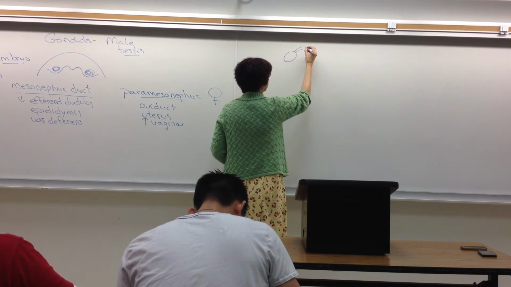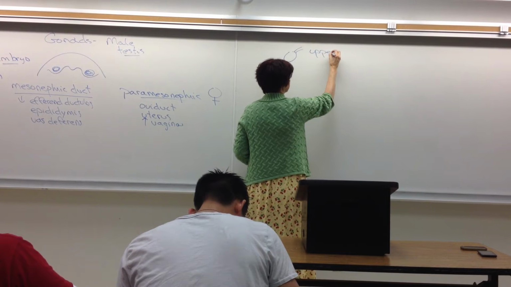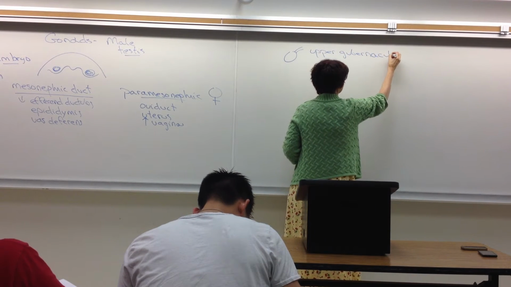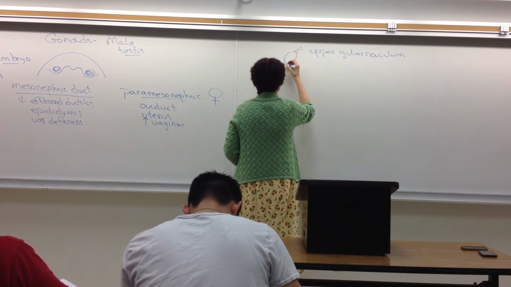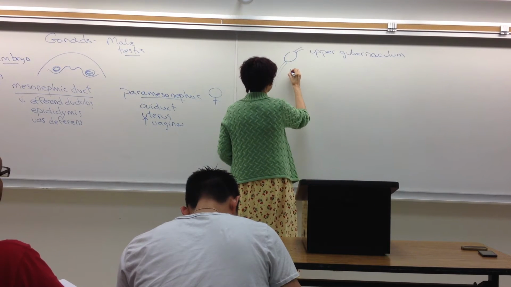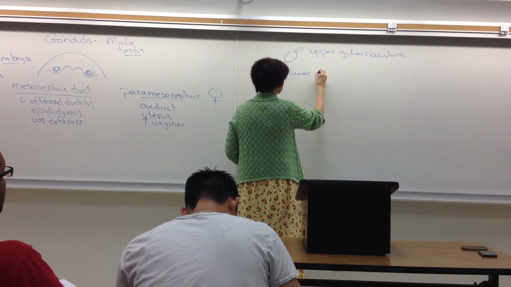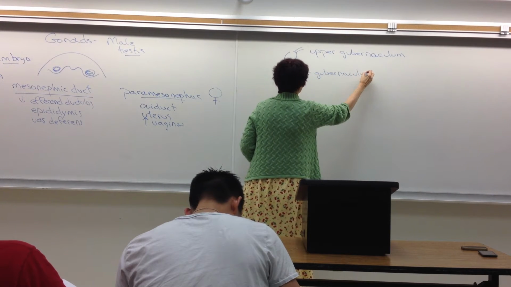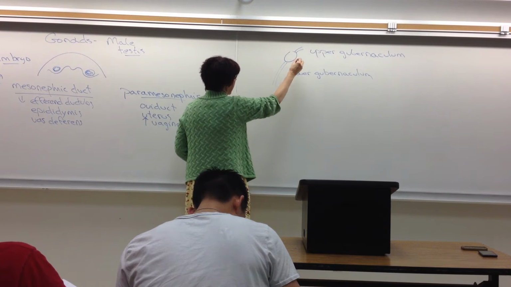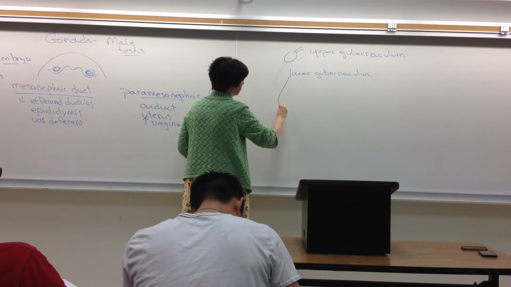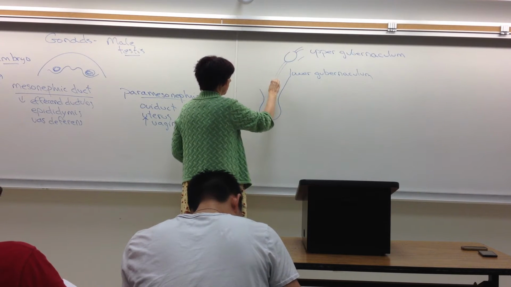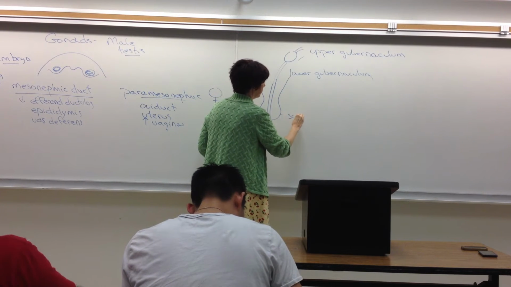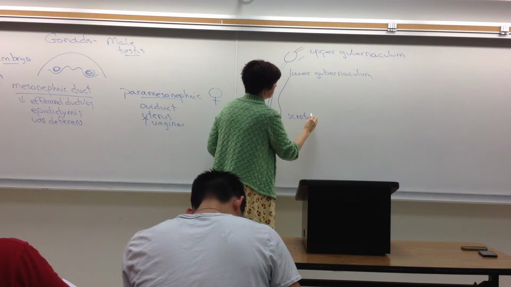One is an upper gubernaculum, and the other is a lower gubernaculum. It's just a band of connective tissue, and in the male, this lower gubernaculum is attached to the scrotum, to the scrotal sac.